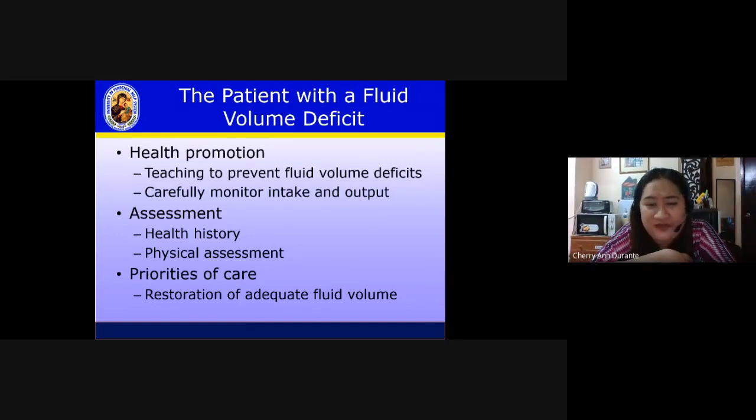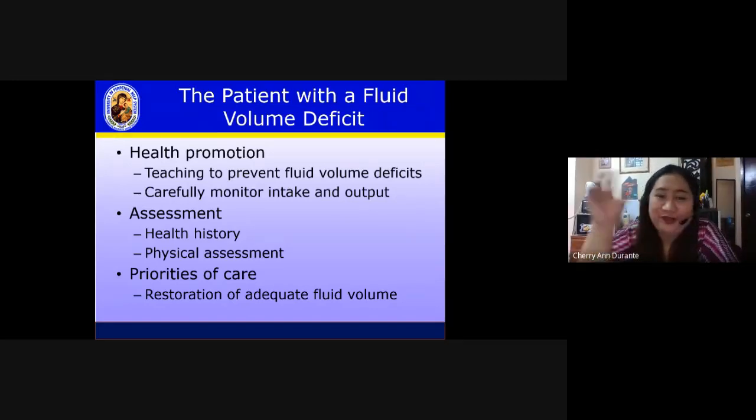You will feel the urge to void. However, you can still skip it. Pero wag mong i-skip. Di ba minsan pag naiihi ka, pagkakita mo sa CR, may tao pa. Kaya mo namang pigilan, sige mamaya na. Kasi 250 ml, na-feel mo yung urge to void, pero kaya mo pang i-skip.